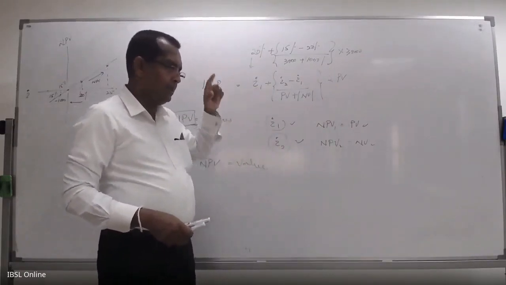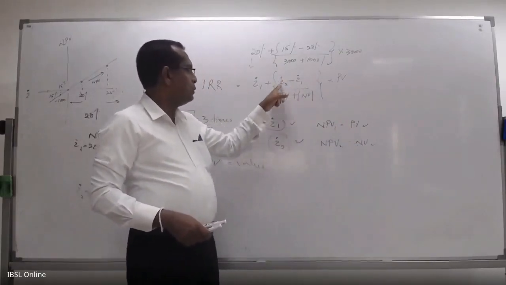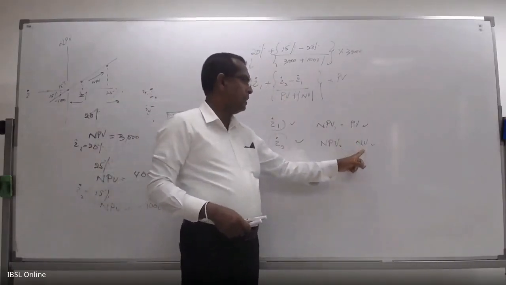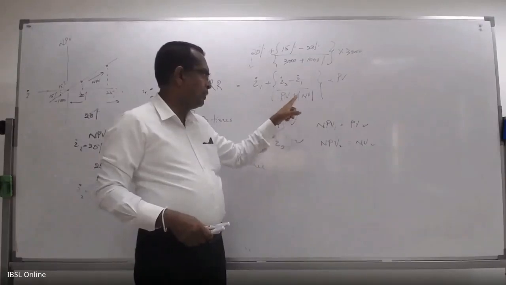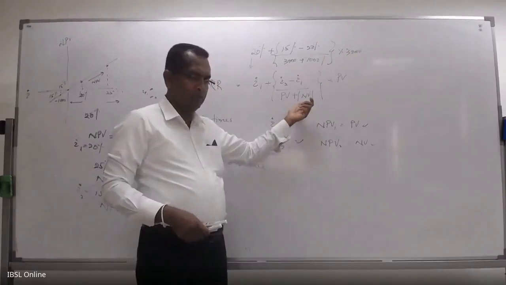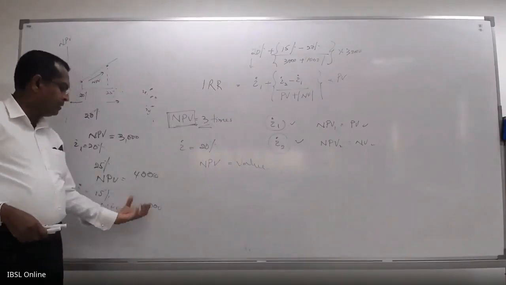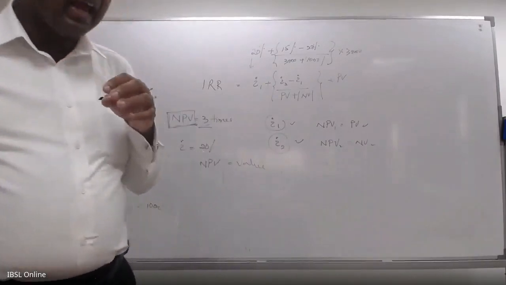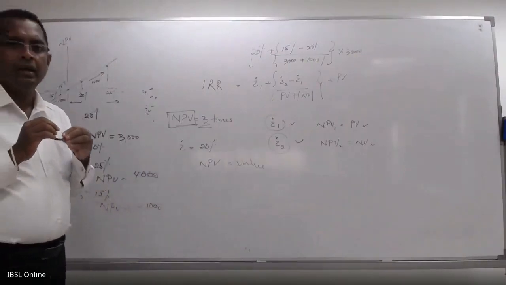I1 is the discounting rate where NPV is positive but near 0. I2 is the discounting rate where NPV is negative but near 0. Then we take the two interest rates, then we take the values, the positive value as it is, and the absolute term of the negative value. That means we forget about the minus in minus 1,000, we just take 1,000, right? So that way we can calculate the IRR.